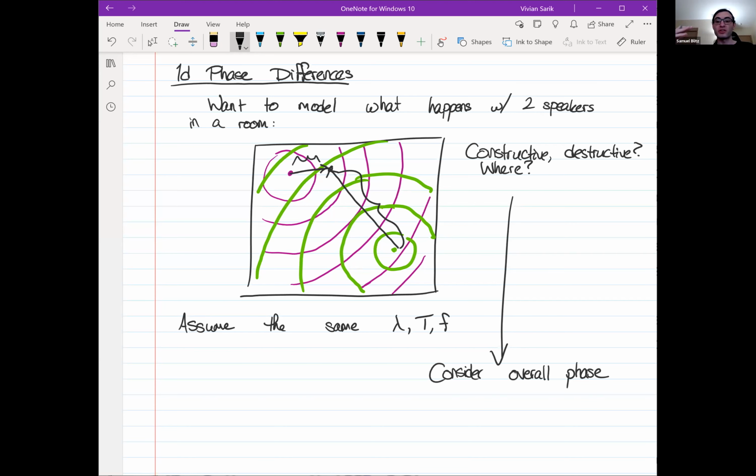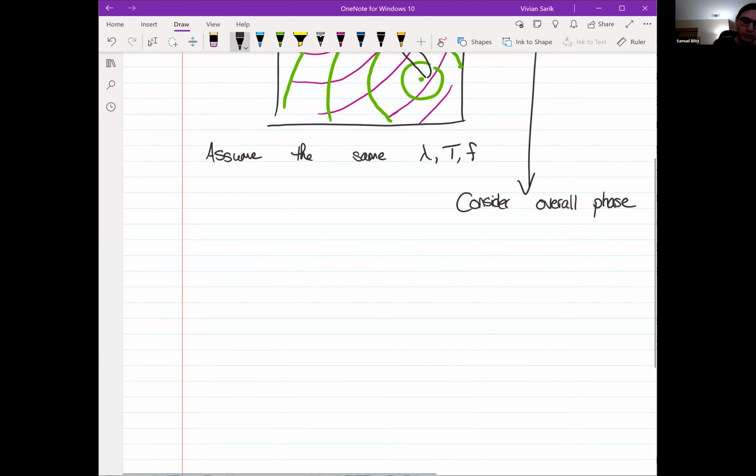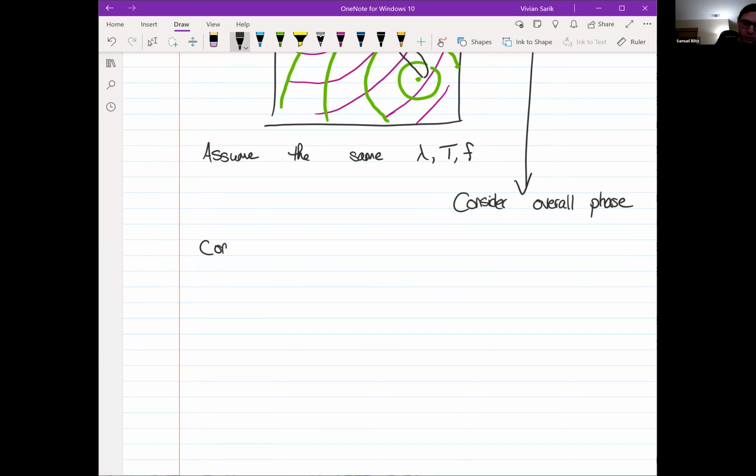All of those things are still true. We can just treat these as if they're one-dimensional waves going towards the point of interest, as 1D waves. All that does is get rid of the amplitude change. Everything else stays the same.